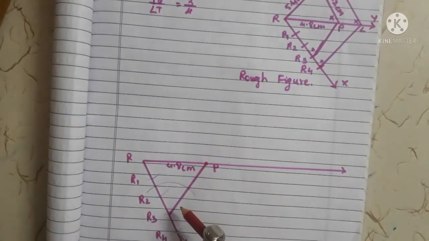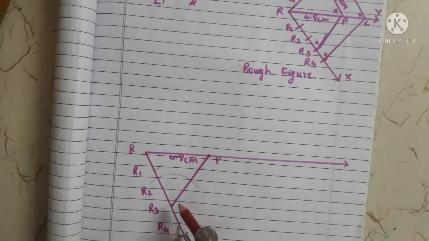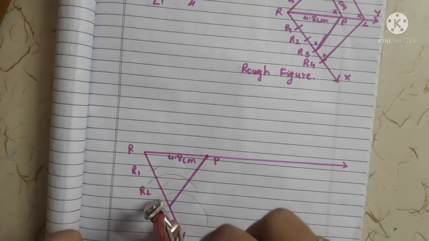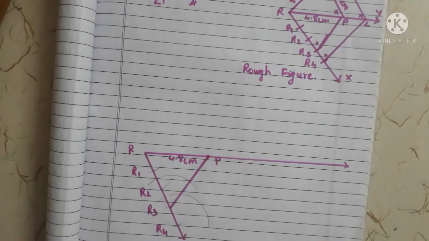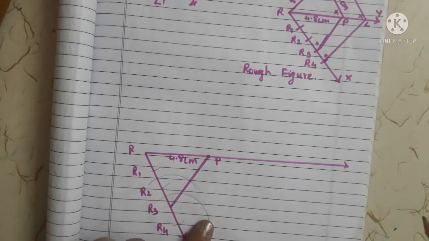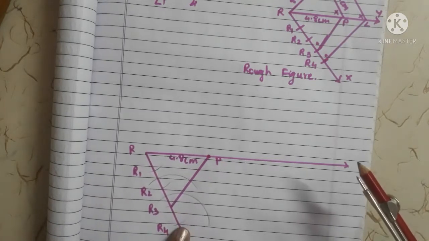Keep it on R4. You see this is the arc of R4. Without moving the compass, keep here, and with the same measurement draw the arc from here also. See I have drawn 2 arcs, one from R3 and the other one with the same measurement from R4.